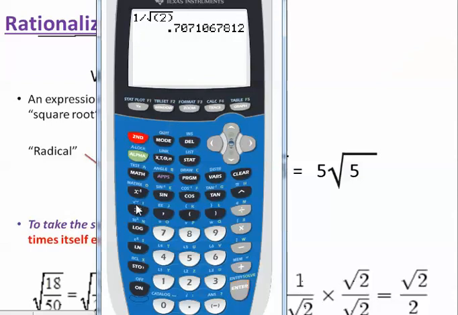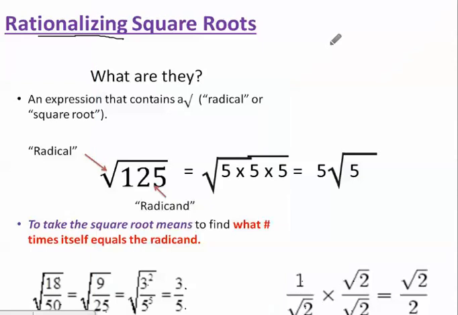If I take the square root of 2 and divide it by 2, I get that same little fractional number. So I'm not doing anything that changes the value of it. I'm just making it easier for us to deal with later on.